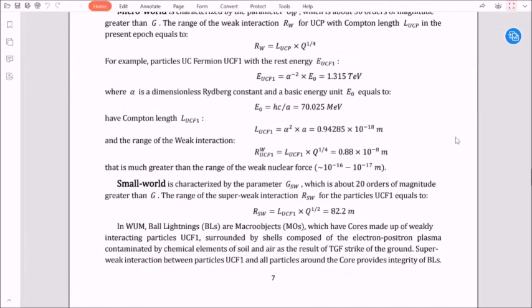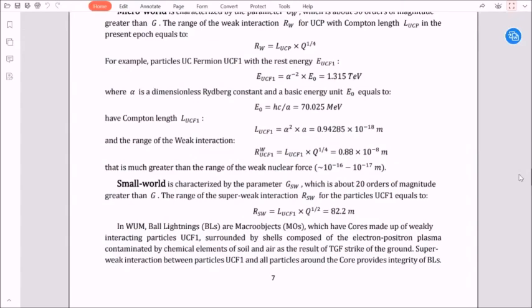Small world is characterized by the parameter g super weak, which is about 20 orders of magnitude greater than g. The range of the super weak interaction for the particle UCF1 equals 82.2 meters.